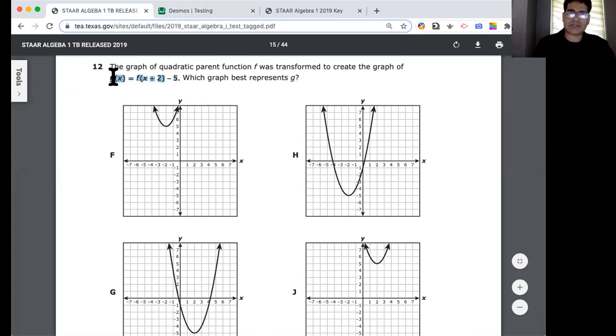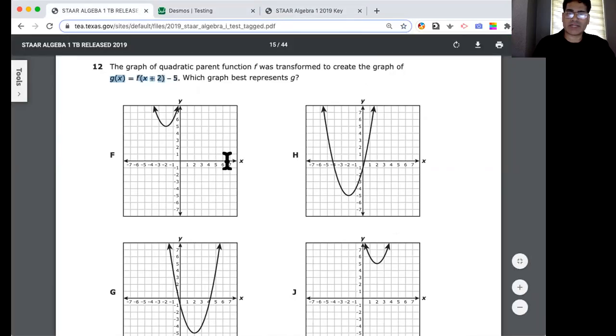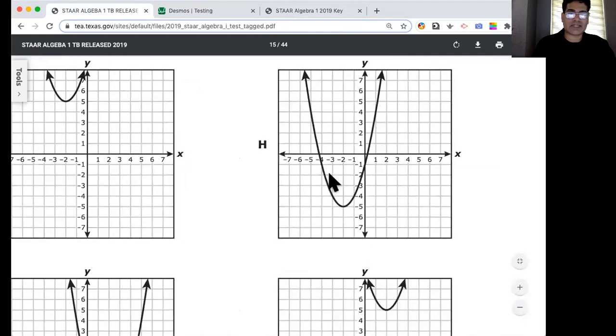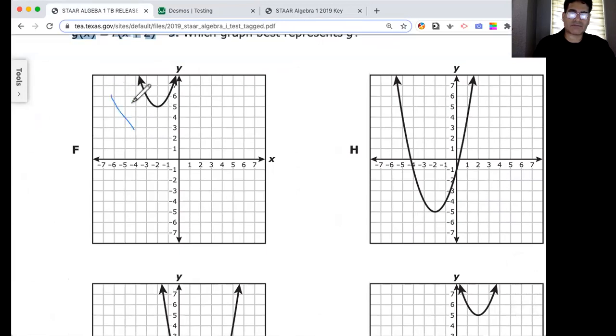All right. So we take a look, and we now have a graph, and I can identify that that's a -4 and -4.2, and I have over there a 0.2, okay, both at 0, and I'm going to go over here and see which one. And so this one is definitely not looking like our graph.